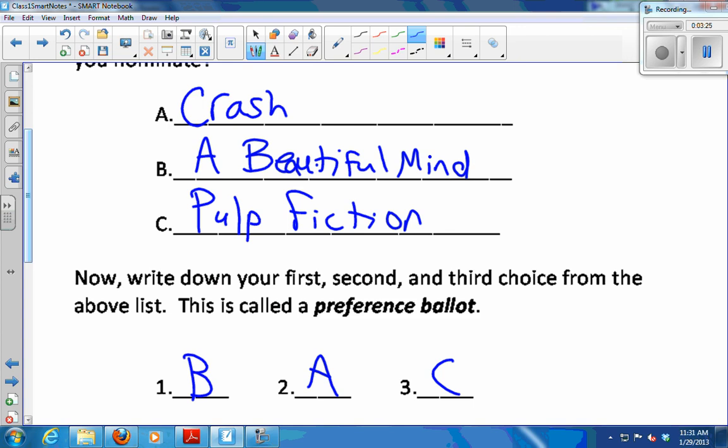Okay, so what you just wrote down here, by writing down all 3 preferences, first, second, and third, we call that a preference ballot, which is a little bit different than putting down just your first choice. So we put down all, where you rank your choices, called a preference ballot.